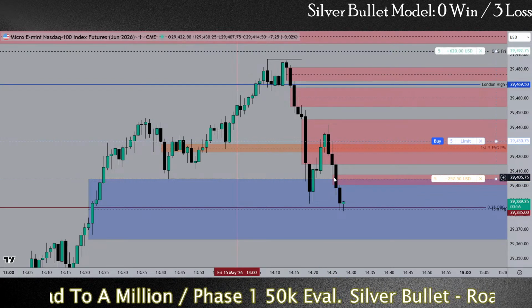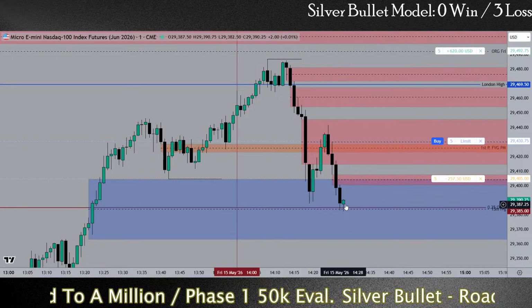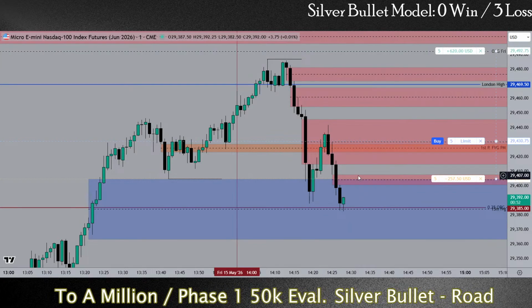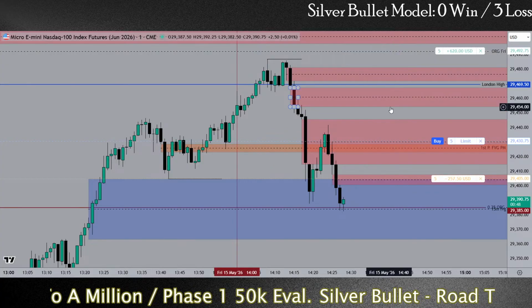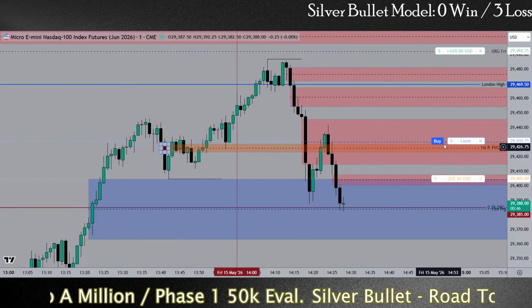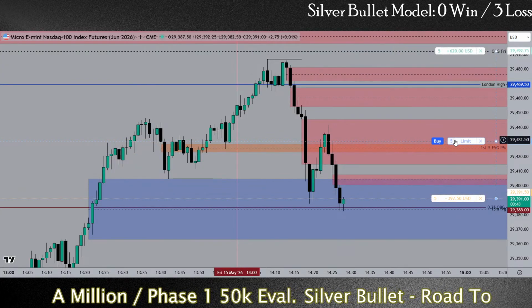Another CB in here. If that could get inversed, I'll potentially look for a long there and aim for like a 1 to 2 type of idea.